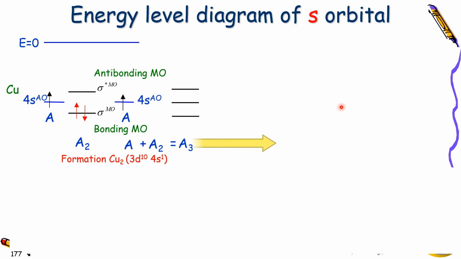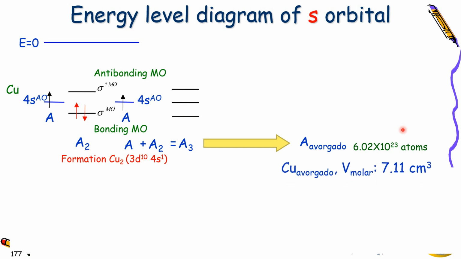So if you want to put this number of atoms together, that means this is the Avogadro number, 1 mole. So what can you do? How can you draw the energy states? The volume of 1 mole of copper is about 7.11 cubic centimeters.